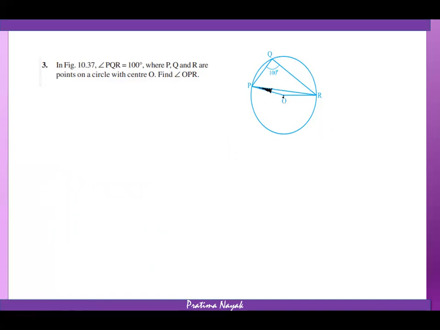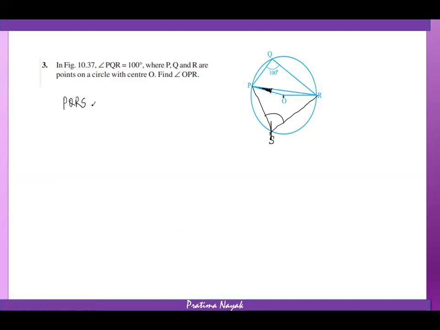No, because O is not on the circle. So what I'll do is make a point here, that is your S. I can get angle S, because PQRS is a cyclic quadrilateral.